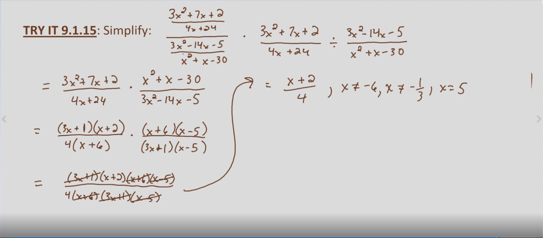So technically, we should also be looking at those as well. In this instance, we're going to end up with the same values that we have here: x can't equal -6, x can't equal -1/3, and x cannot equal 5.